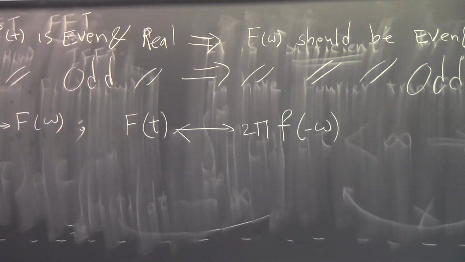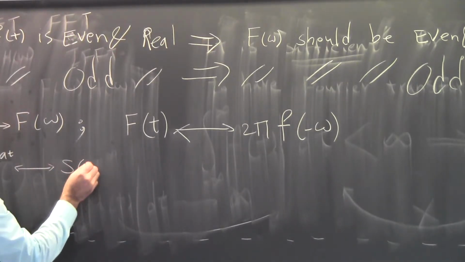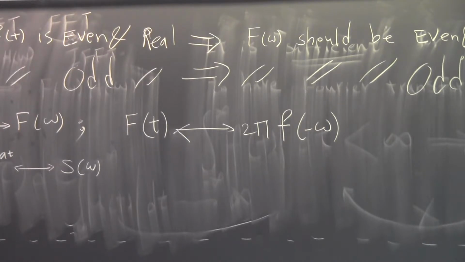Let me give you an example. If this u(t) minus a has a transform like this, right? So if I ask you in an exam, what is the transform of S(t) now?